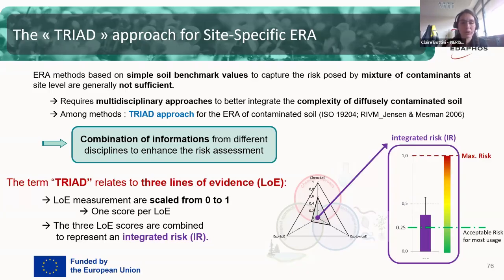It was proposed as a threshold value by the authors of this triad approach, Jensen and Mesman from the RIVM. Can we go to the next slide, please?